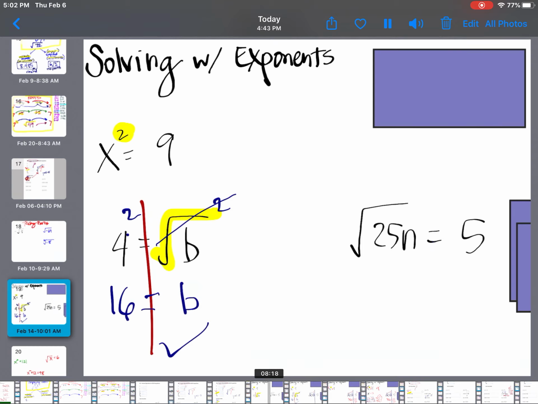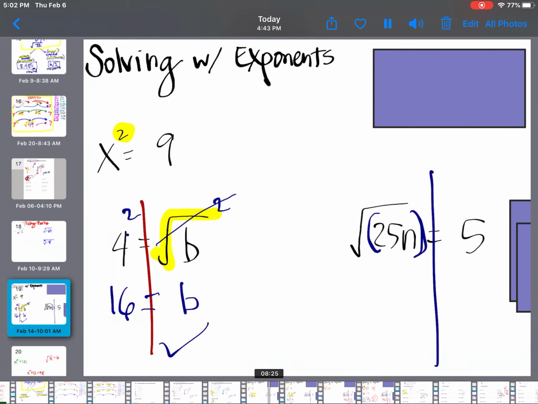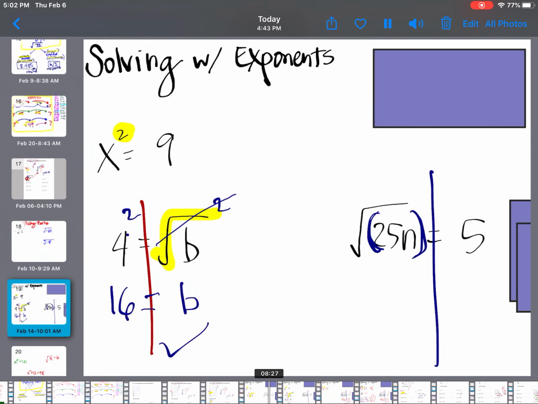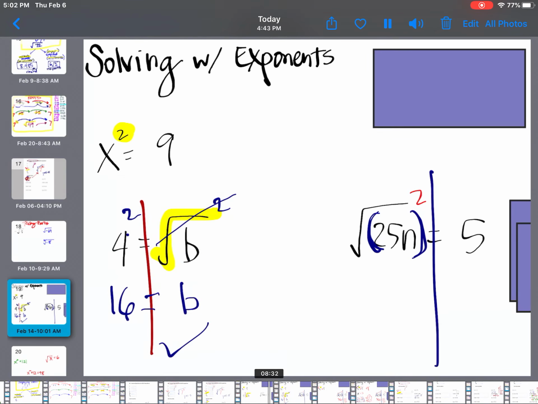Now, this gets a little bit tricky. This one right here says the square root of 25n equals 5. The hard part on this one is that the square root is like a parentheses. It's holding the 25 and the n together underneath the square root roof. So in order to do anything with either of those, we've got to square it.